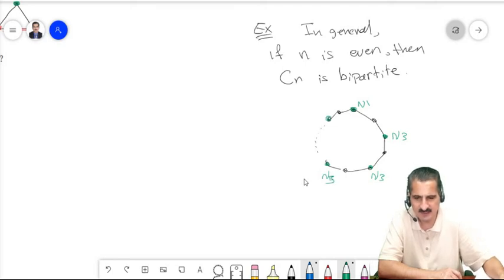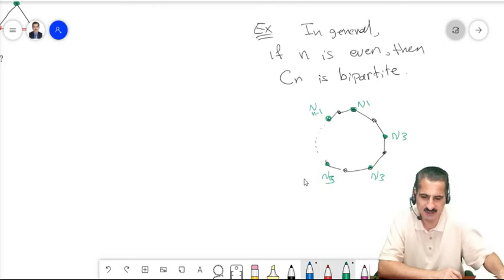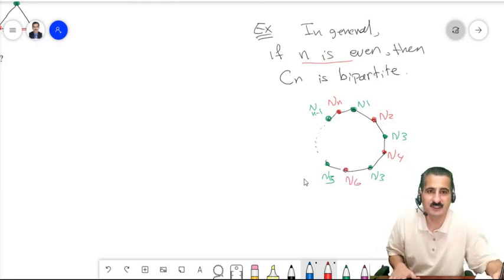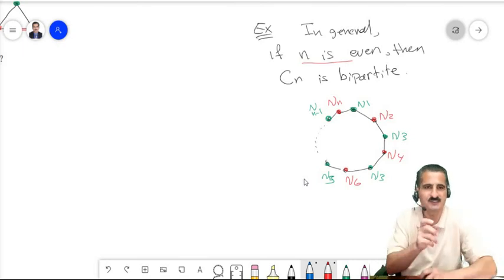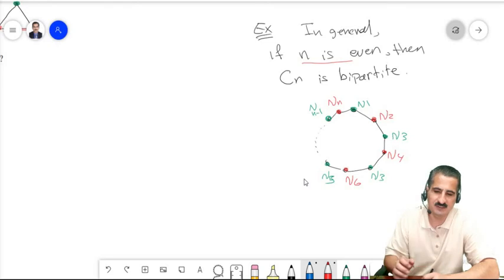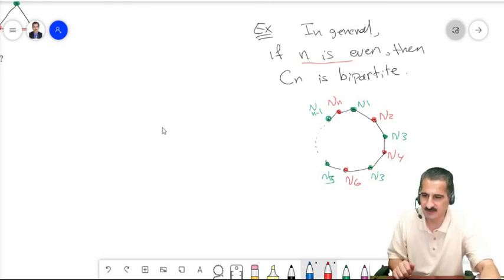Then this one will have the green, which is Vn minus 1, because we are assuming n is even. So this is even, so the one before it is odd. If we name them this way, V2, V4, V6, and so on, then we could separate the set of vertices into disjoint subsets. One of them contains the vertices with odd indices, and the other contains the vertices with even indices, and then they will give us a bipartite graph.